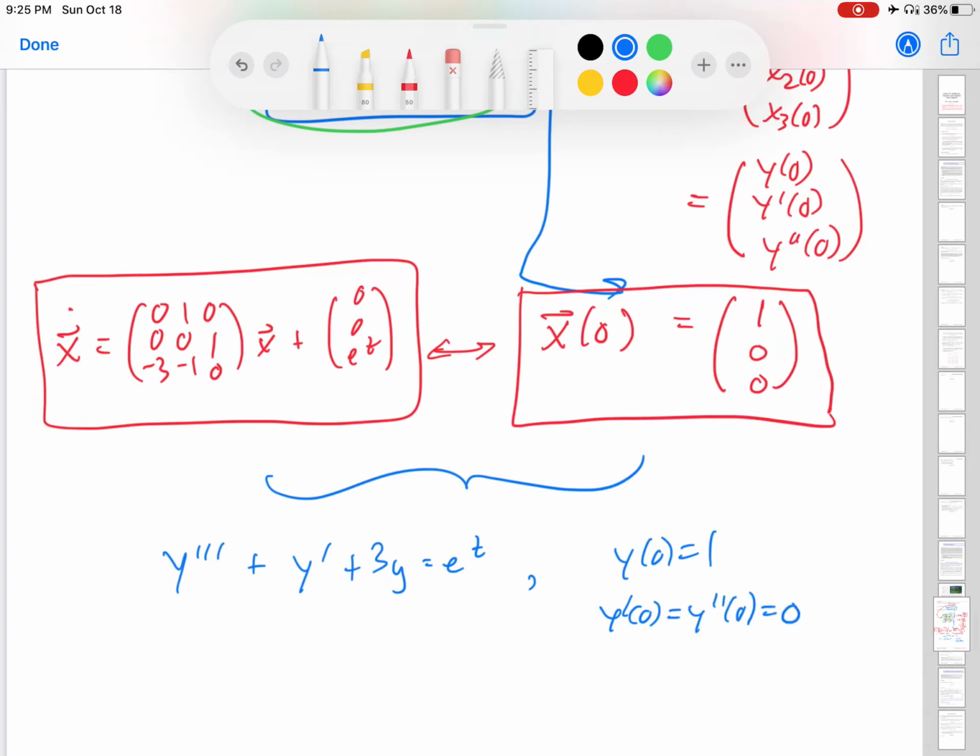So you can see the correspondence here, right? These initial conditions through the substitution x1 equals y, x2 equals y prime, x3 equals y double prime turn into this initial vector. And then this ODE, one single third order ODE, turns into this system of three first order ODEs. All right, so that's it for this video.